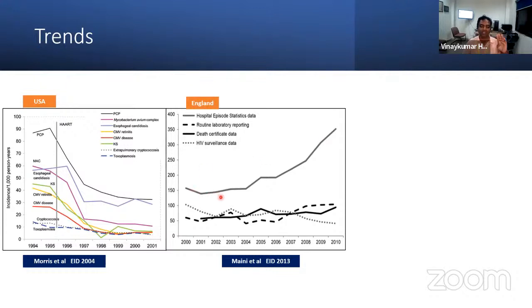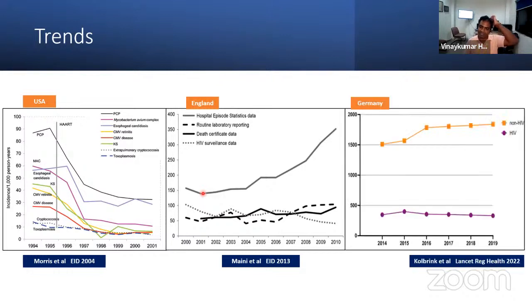So during the early 2000s, there was a downward trend, that is the pneumocystis infection was being detected earlier and being treated earlier, and patients were put on HAART. So there was a downward trend in the incidence of HIV associated pneumocystis pneumonia, while there was an increasing trend in England as well as in Germany.